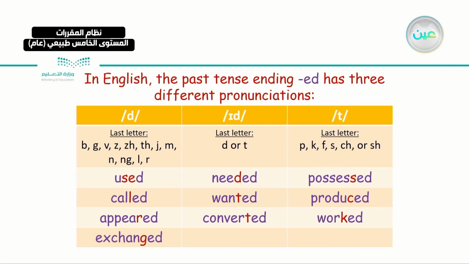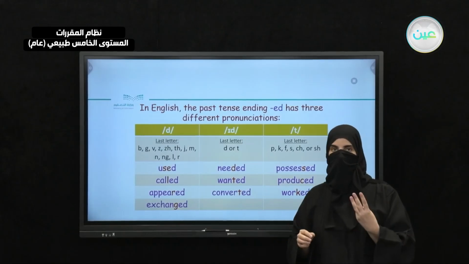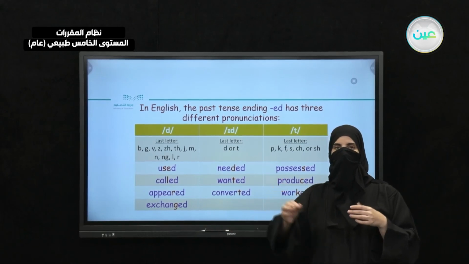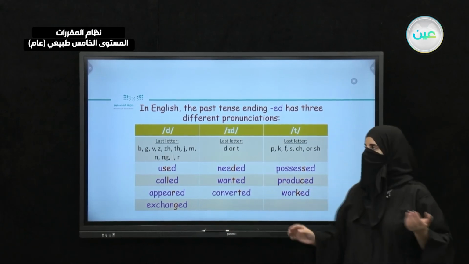So here you can see that there are 3 divisions. Maybe some didn't notice the difference before, but now you know that yes, it is the same ed that we are used to, but there are 3 pronunciations, either a direct D or an id sound or like a T.